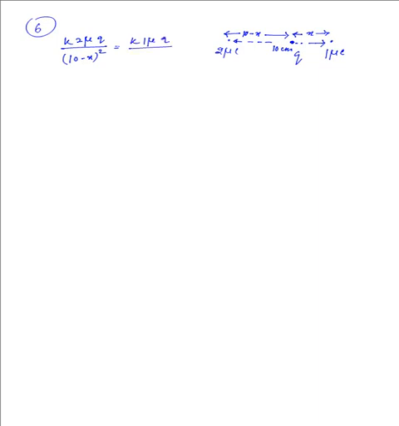Obviously the Q is going to cancel out. A lot of other things are going to cancel out as well. Not only the charges Q and the micro, the K terms are going to cancel out. So all that remains is 2 over 1 if I take it on the right hand side, and then (10 minus x) over x entirely squared.